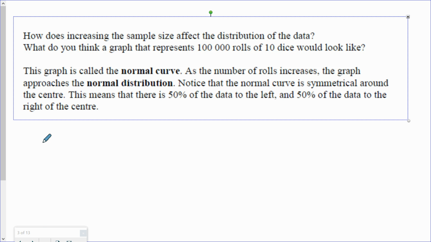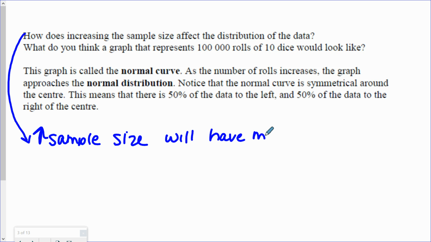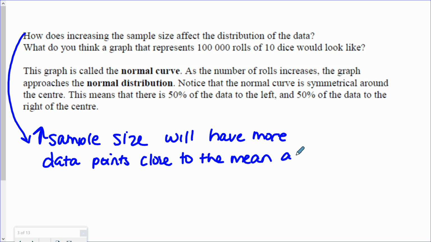So if we increase the sample size, when I was pressing the 10,000 instead of the 1, when I did way more, what we saw is if we increase the sample size, we will have more data, more data points close to the mean, and more consistent data.